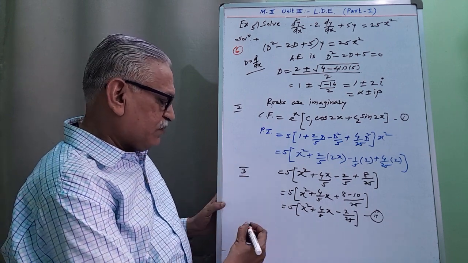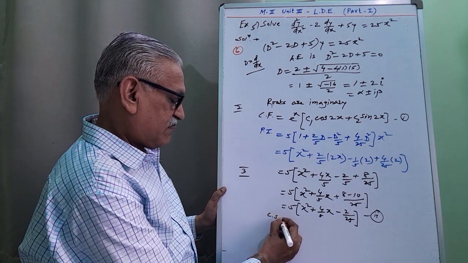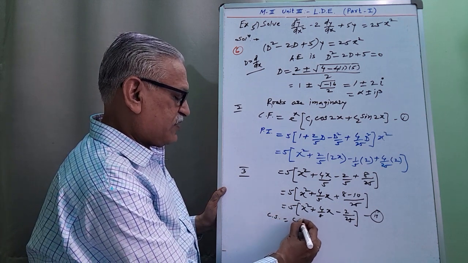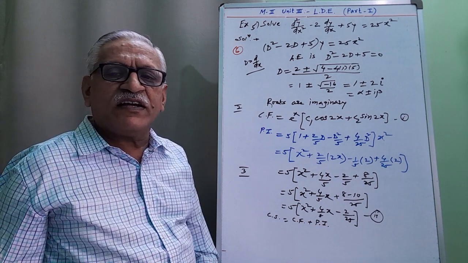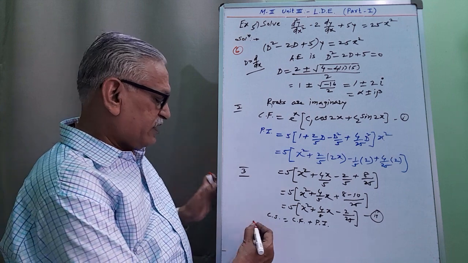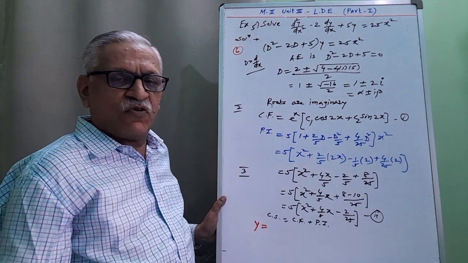And the last step is the complete solution, CF plus PI. For adding equation 1 and 2, we get, dependent variable is y, therefore the solution is for y.